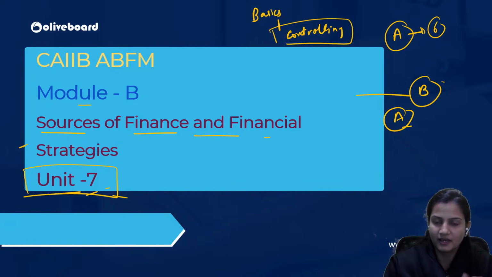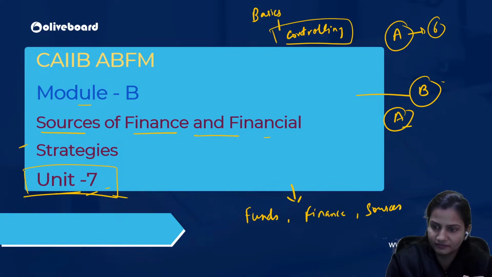Now in Module B, what we have to learn is how we are going to procure our funds, how we are going to use our finance in various sectors, and what the sources of funds are.